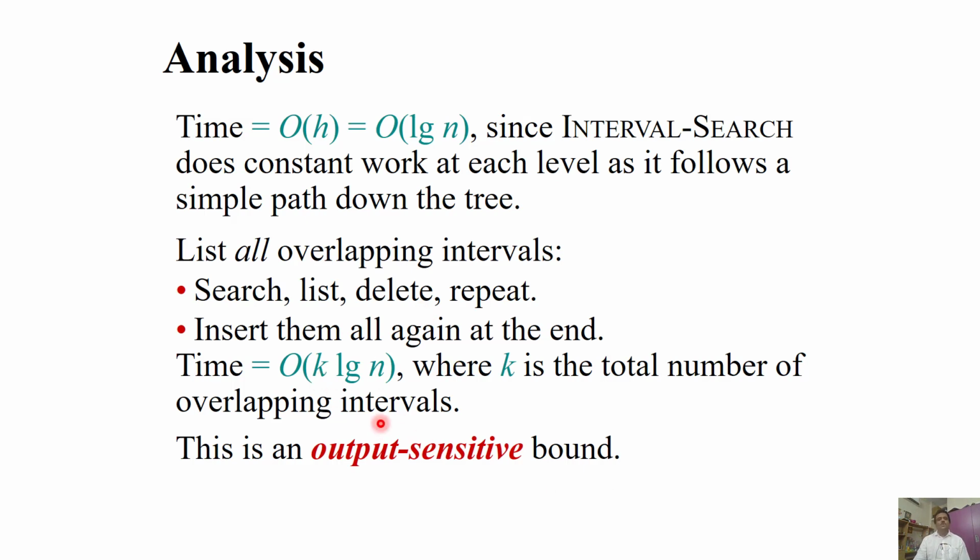We can first execute this interval search, get an overlapping interval, and delete it from the red black tree, which takes log n time. Then we search again after deletion of that overlapped interval, and it will give the second interval, third interval, and so on. So, this time complexity will be k log n, where k is the total number of overlapping intervals. This is the output sensitive time complexity.